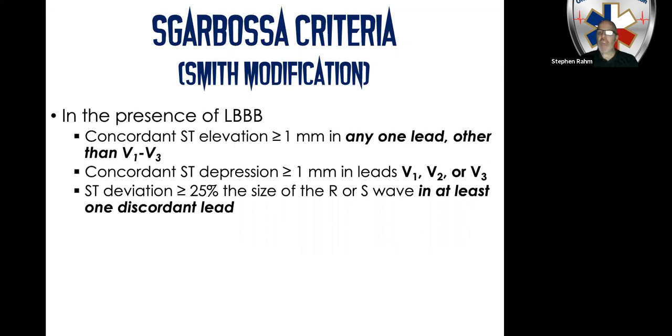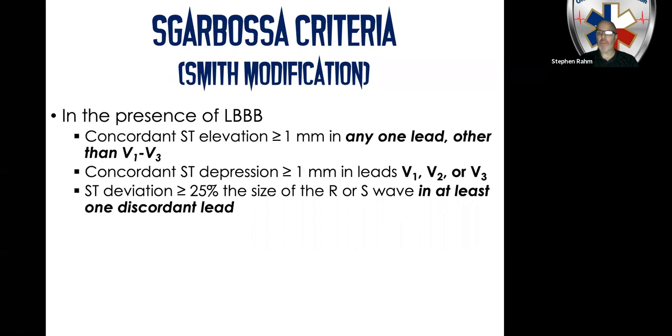And if you see that, and if there's 1 millimeter or greater in any one of those right precordial leads, you don't have to see it in all three of them, just any one or more, that's also a pretty specific finding for acute coronary occlusion. Again, the sensitivity is not extremely high. The specificity is much higher than the sensitivity.